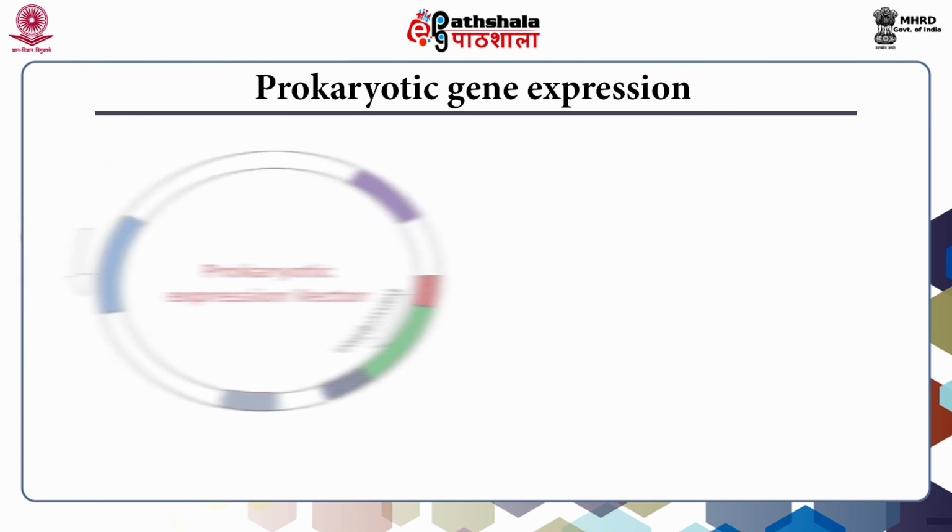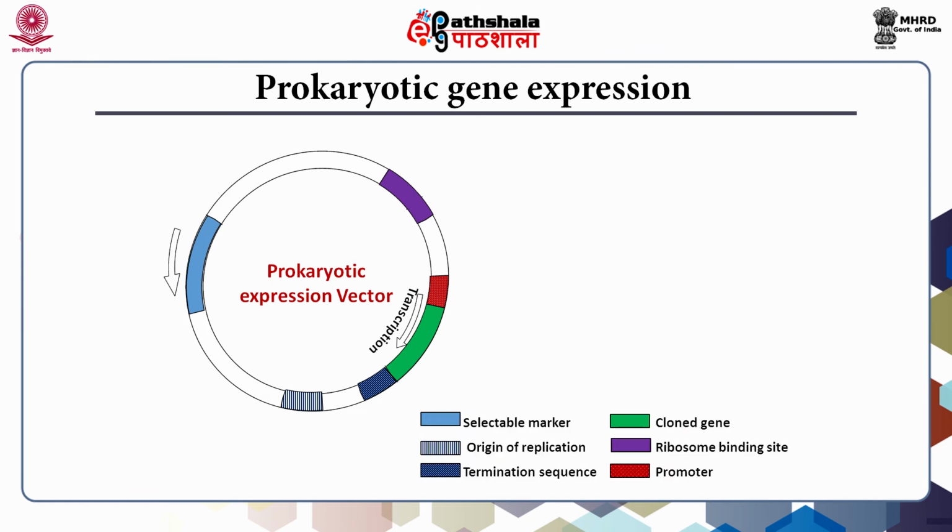The figure shows a typical prokaryotic expression vector with a cloned gene of interest, an origin of replication, a promoter, and a ribosome binding site positioned upstream of the target gene that has been cloned into this prokaryotic vector. Additionally, one or more transcriptional termination sequences are positioned downstream.